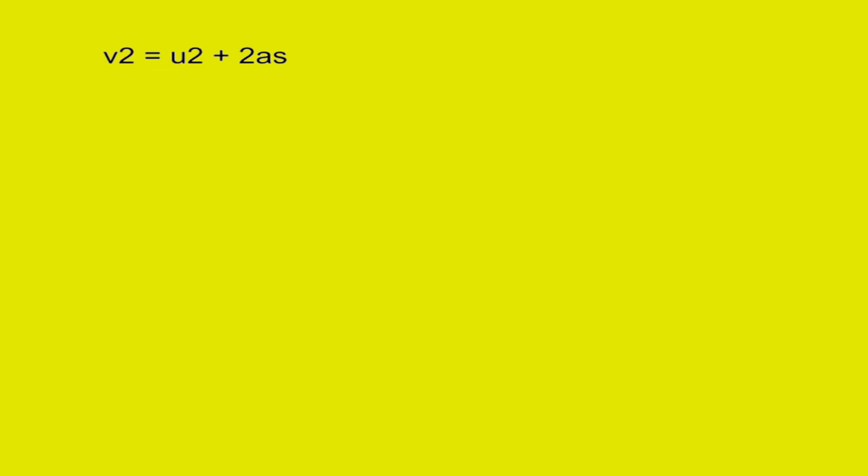Here is our fourth and final Suvat equation, v squared equals u squared plus 2as, and I would suggest the easiest way to think about how this is achieved is just to look at what happens if we combine v equals u plus at with another of the Suvats.